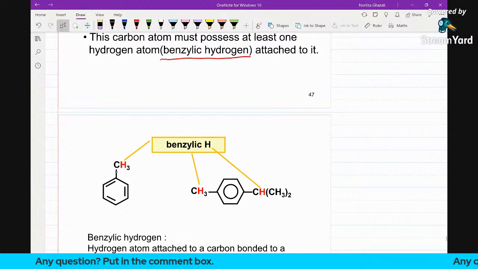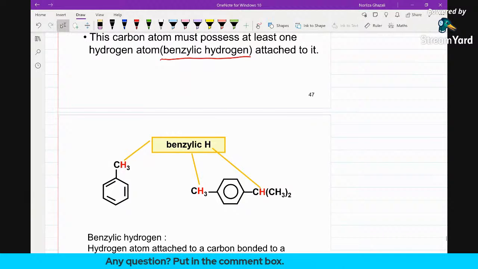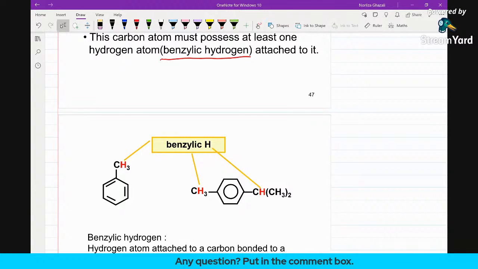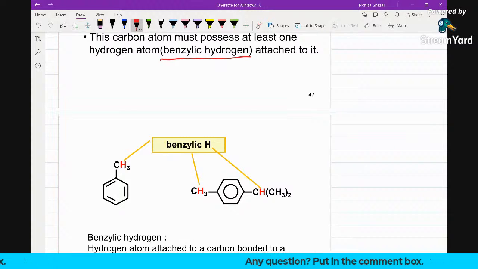So the H in CH3 is benzylic hydrogen. If there is at least one benzylic hydrogen, that compound can be oxidized. That's why when we oxidize toluene, it will become benzoic acid, because in toluene we have benzylic hydrogen.